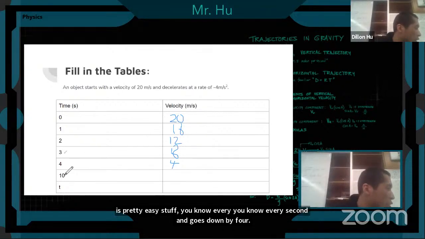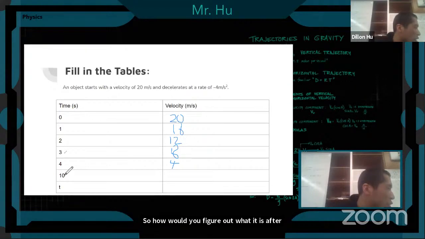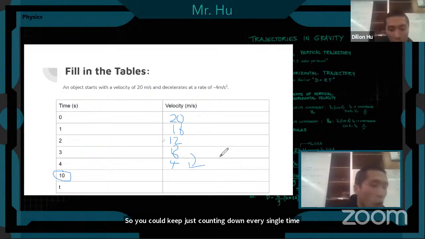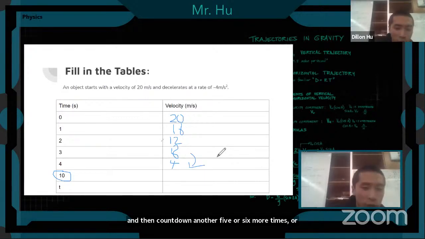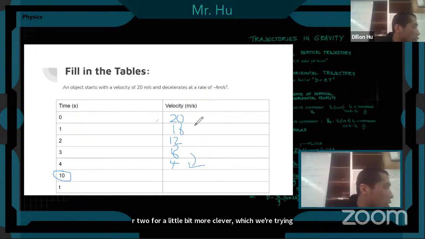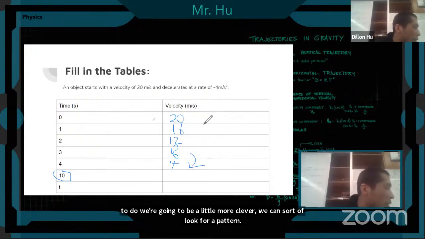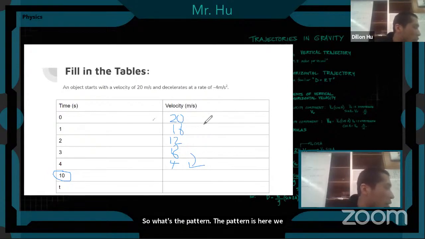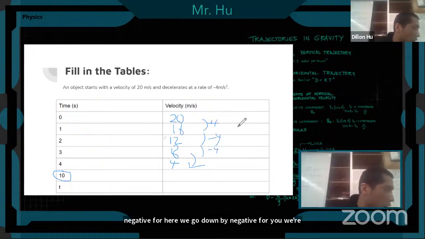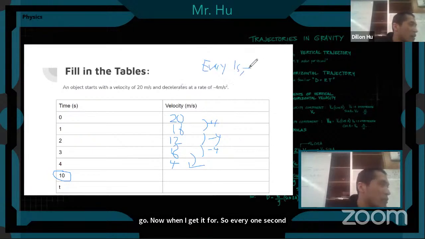So how would you figure out what it is after 10 seconds? So you could keep just counting down every single time and then count down another 5 or 6 more times. Or if we're a little bit more clever, which we're trying to be, we can sort of look for a pattern. So what's the pattern here? The pattern is here we go down by -4. Here we go down by -4. Here we go down by -4. So every 1 second, our velocity goes down by -4, right?